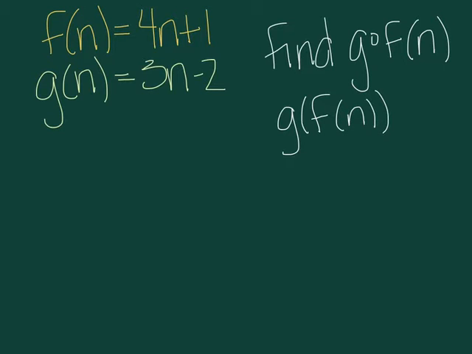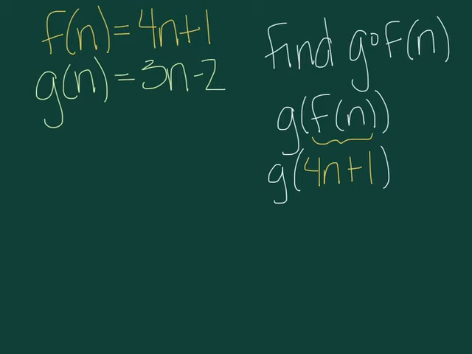Let's start from the inside out, and replace f of n with what it's worth, which is 4n plus 1. So we're now looking for g of 4n plus 1.